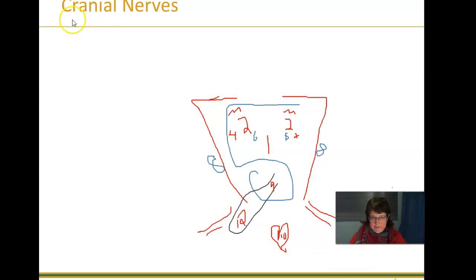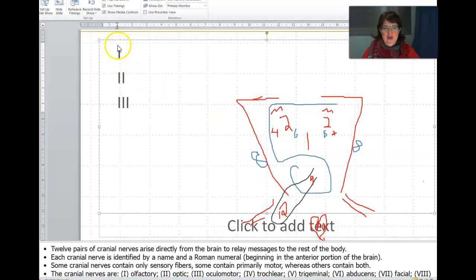One moment. Okay, let's look at the 12 cranial nerves by first looking at the Roman numerals.